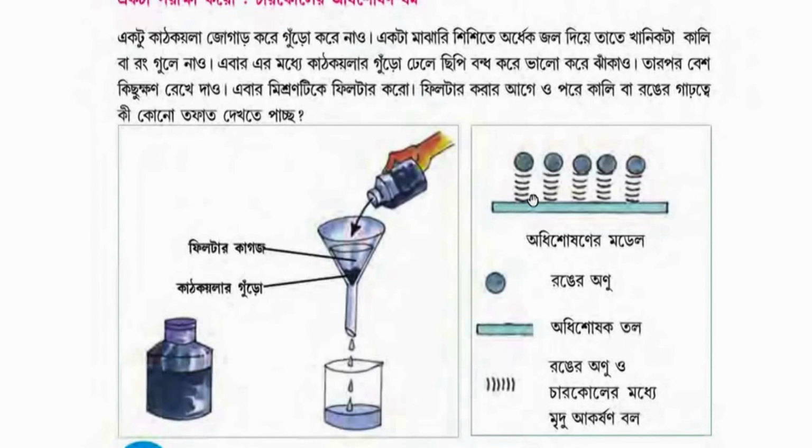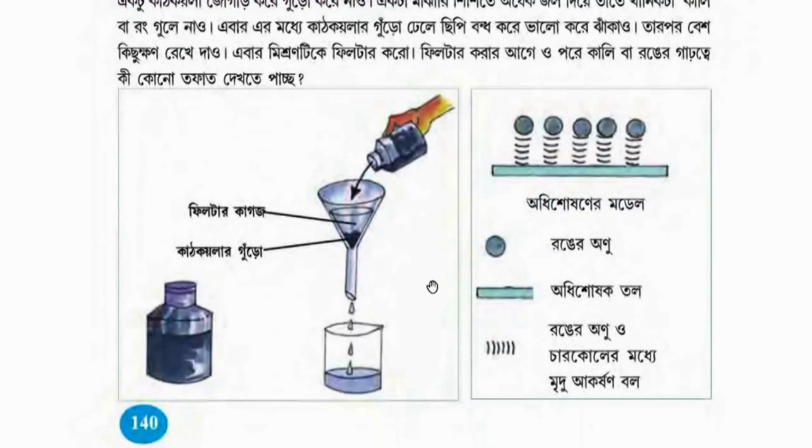When any substance gets stuck to the surface of a material, it is known as adsorption, not absorption. Activated charcoal absorbs all the impurities of water, and it becomes very much pure. So activated charcoal is used in our drinking water filtration process.